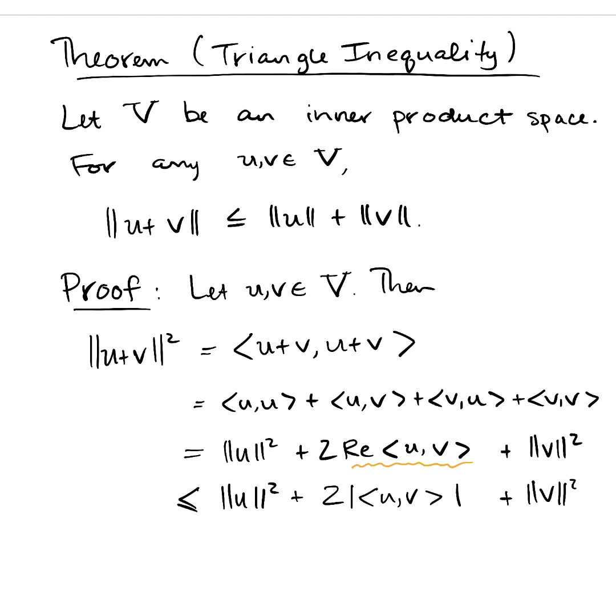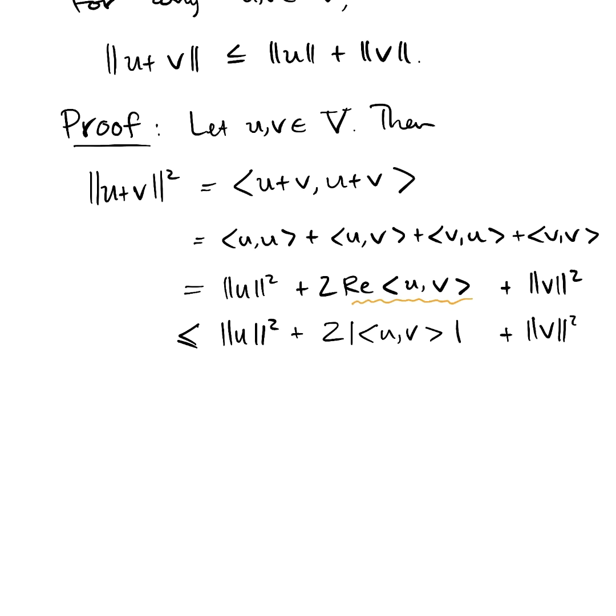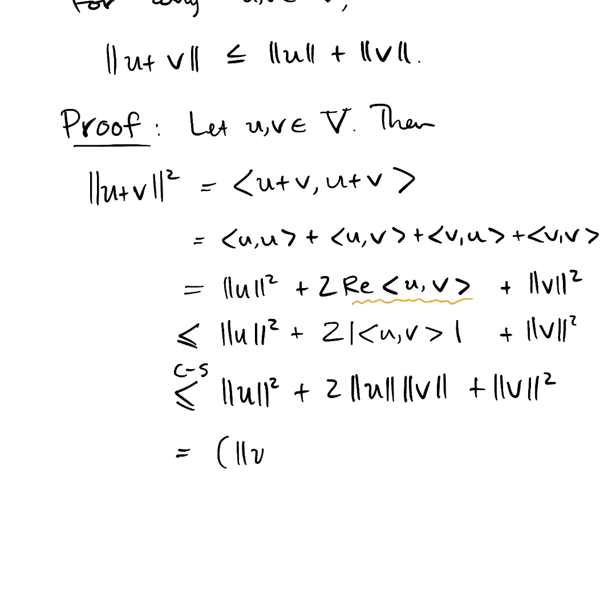plus norm v squared. Now we're going to use Cauchy Schwarz, because we know the absolute value of the inner product of u with v is less than or equal to norm u, norm v, and now that math factors as norm u plus norm v all squared.